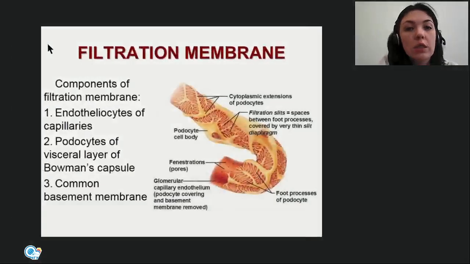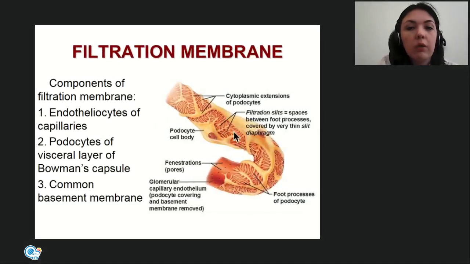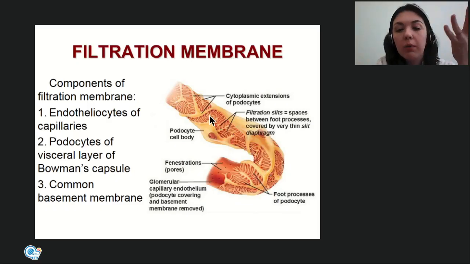And why is this filtration possible? Here we can see the filtration membrane. Components of the filtration membrane, as I have already told you, are endotheliocytes of capillaries, then podocytes of the visceral layer of Bowman's capsule, and the common basement membrane. Okay, and so there are podocytes. Podo means leg, cyte means cell.